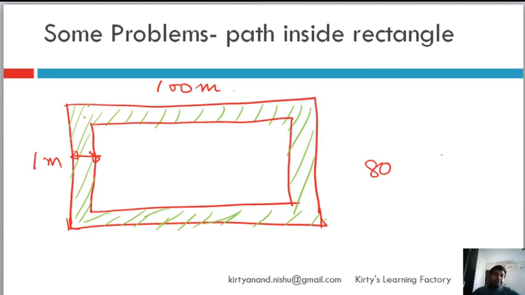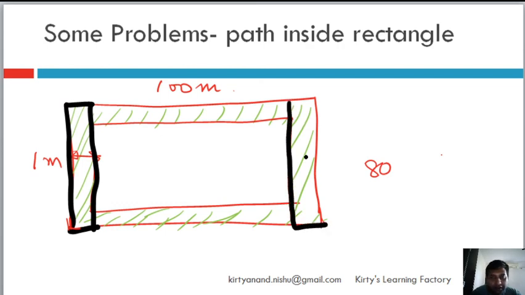So if I were to find the area of the footpath, I can basically divide it into, let me change the color again, something dramatic. This shaded area is nothing but this rectangle, and these two rectangles will be equal.